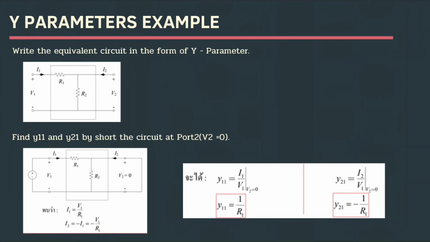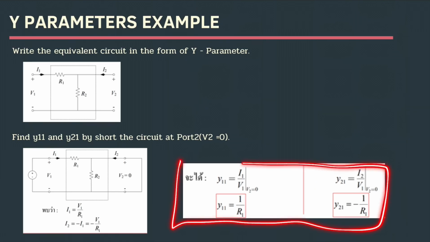Step 1, find Y11 and Y21 by shorting the circuit at port 2, when we determine V2 is equal to 0, and we will get I1 is equal to V1 divided by R1, and I2 is equal to minus I1, and we will get this formula.